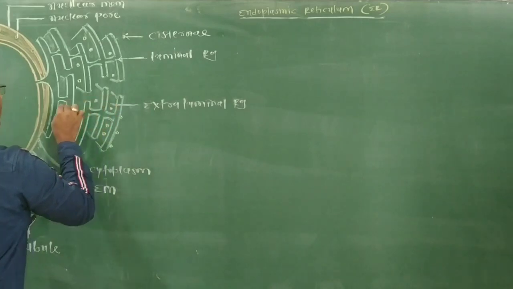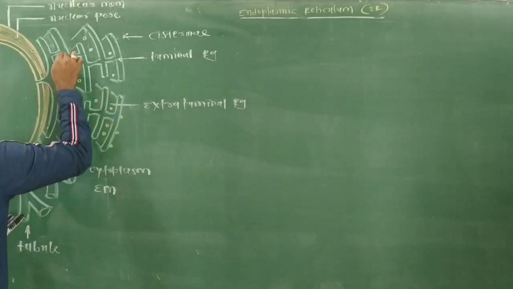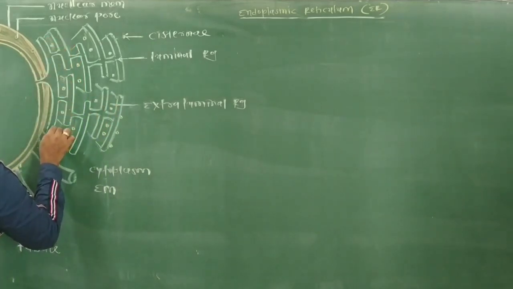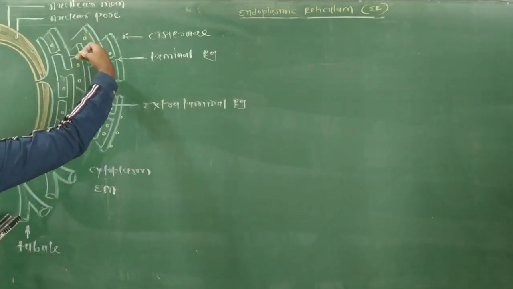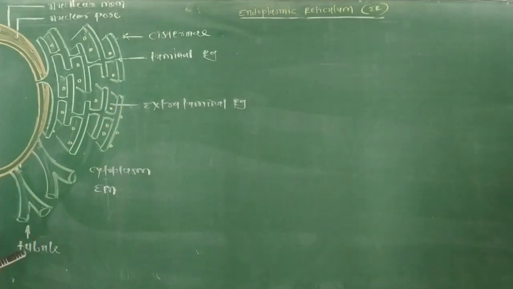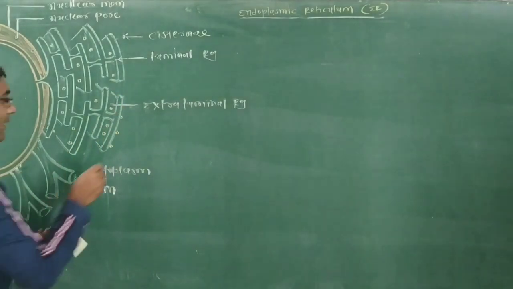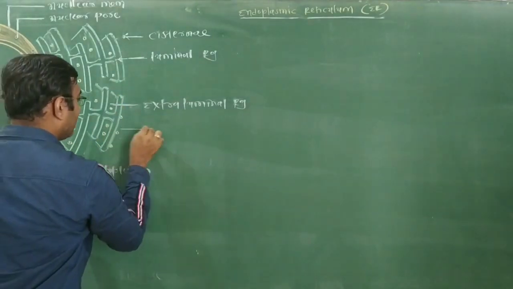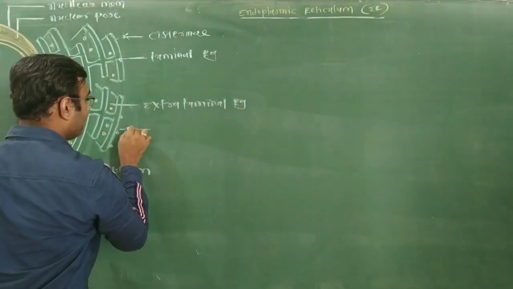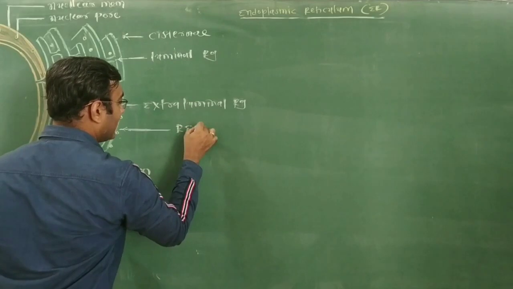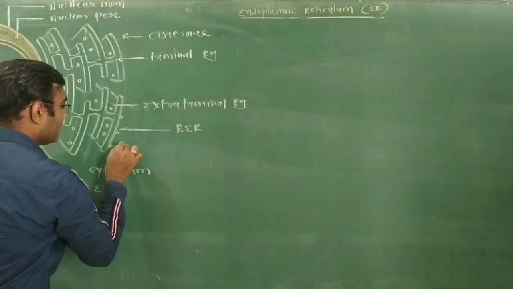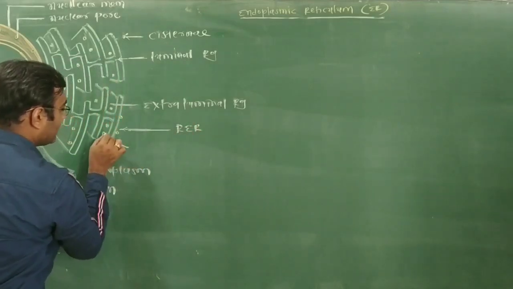As ribosomes are present at the outer surface of the endoplasmic reticulum, that's why it is structurally a rough surface. That's why this endoplasmic reticulum is considered rough endoplasmic reticulum. On its external surface, the organelle present is the ribosome.